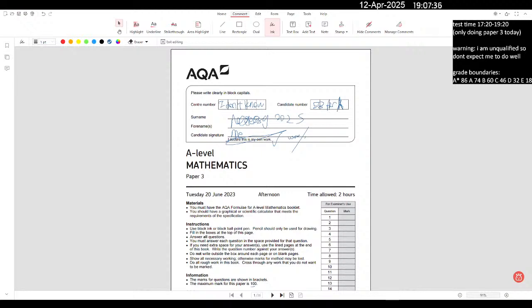In total, I need 201 out of 300 to get an A, so I just need 58 for this paper. Could I get 58? Judging from how bad the stats was, I think it'll be a close call. I think I'm looking at a low 60s for this.